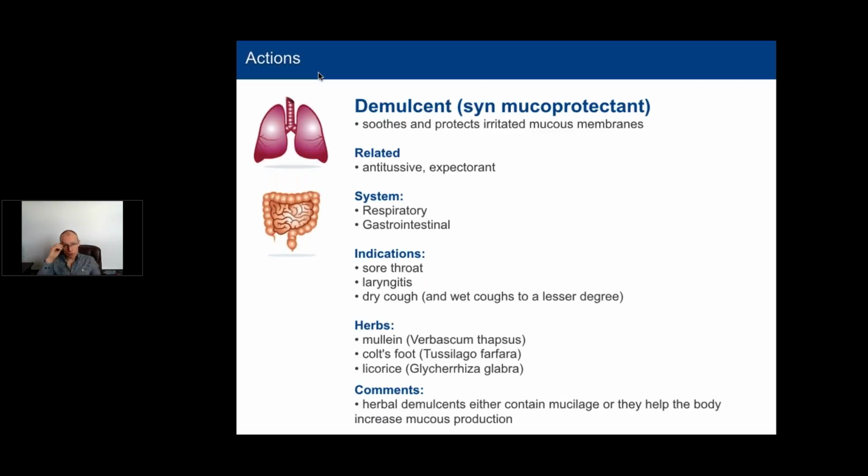And most demulcents can work by two different mechanisms. One, they can supplement the body with soluble fiber. And when you add soluble fiber to water, it forms a viscous consistency, kind of slime basically is what fiber forms. It's like you're supplementing your body with mucus.